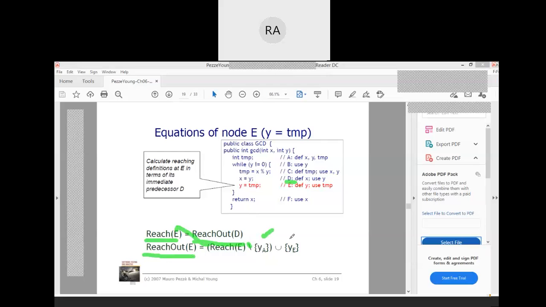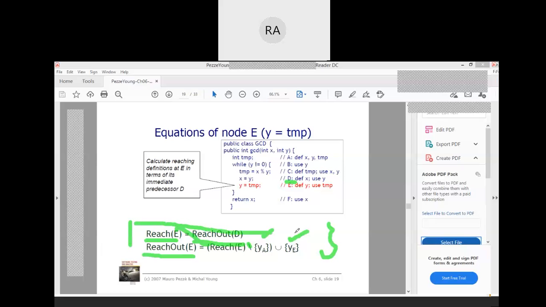We'll check what YA and YE mean. YA union YE, that is gen and kill: the point at which the value is getting generated and the point at which the value is being destroyed. Both of them should be taken into consideration.